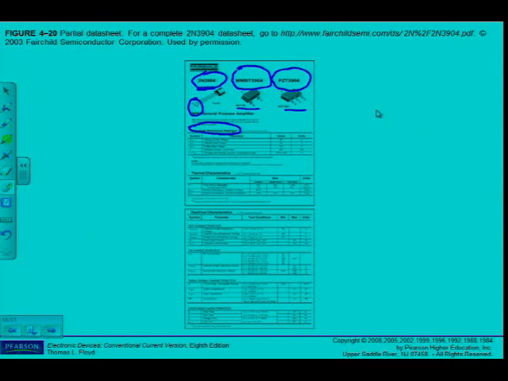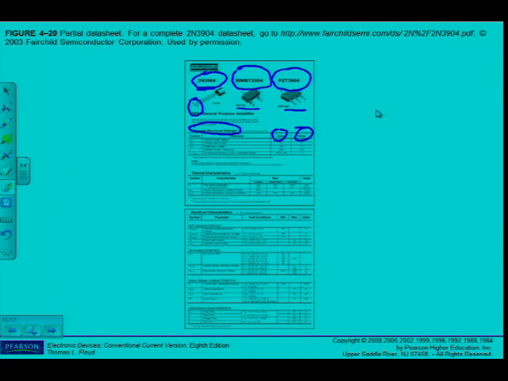The first one, VCEO, that's the collector emitter voltage, and next to it there's the value, and then very important of course is also the unit. So I can see the collector to emitter voltage, and remember these are absolute maximum voltages. The value is 40 and the unit is volt. The next one is VCB, the collector base voltage is 60 volts, and so forth. Emitter base voltage 6 volts, and so forth.